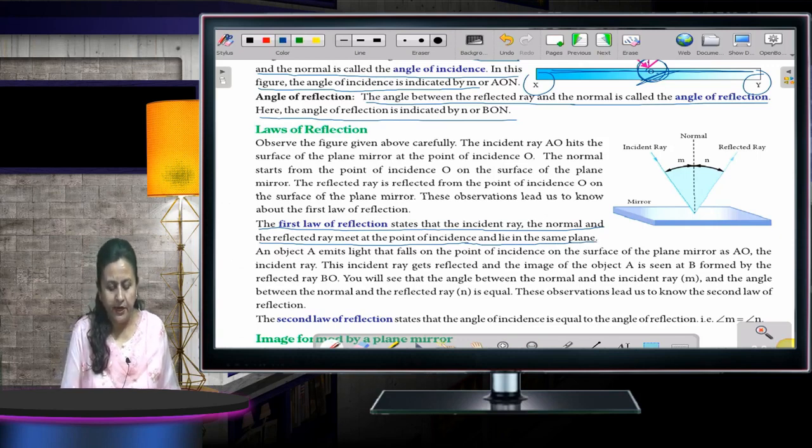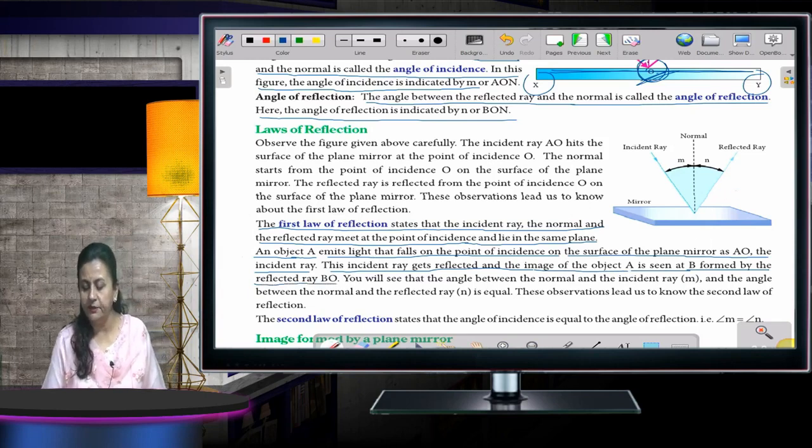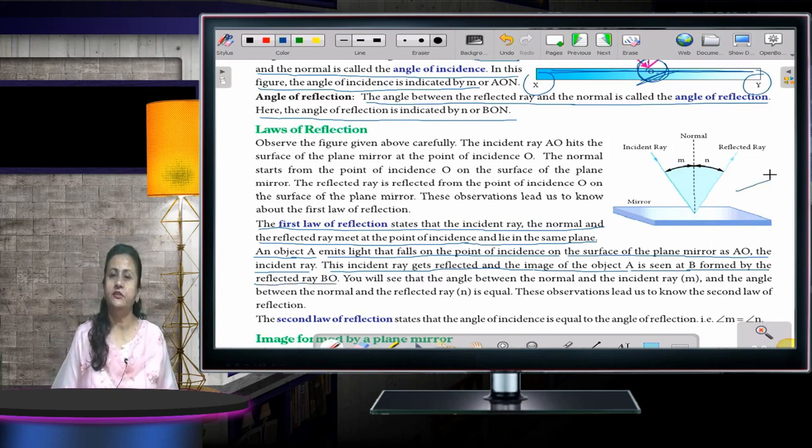An object A emits light that falls on the point of incidence O on the surface of the plane mirror. The incident ray AO gets reflected and the image of the object A is seen at B, formed by the reflected ray BO. Here you can see the laws of reflection they have shown.